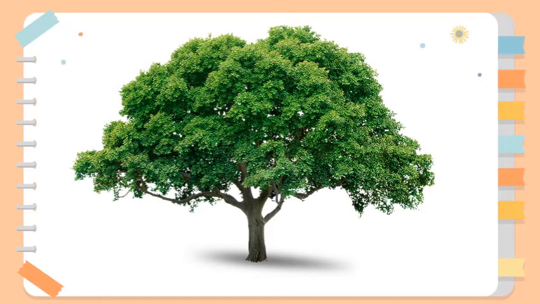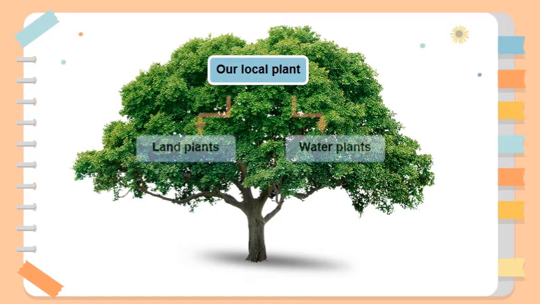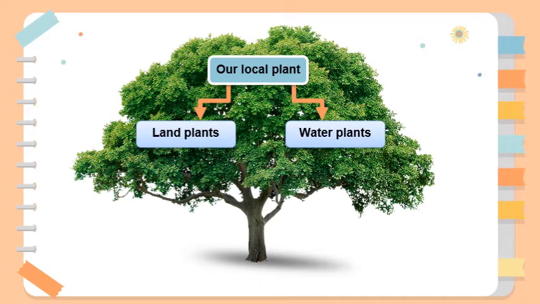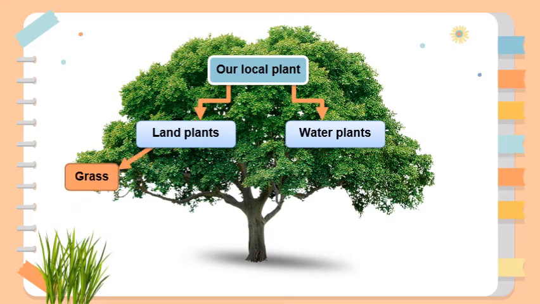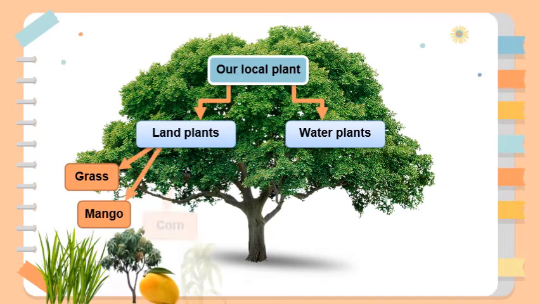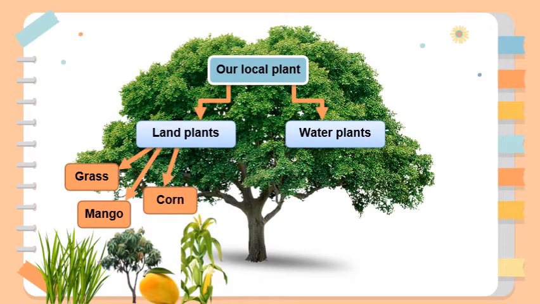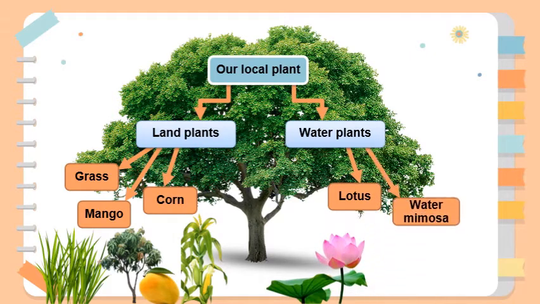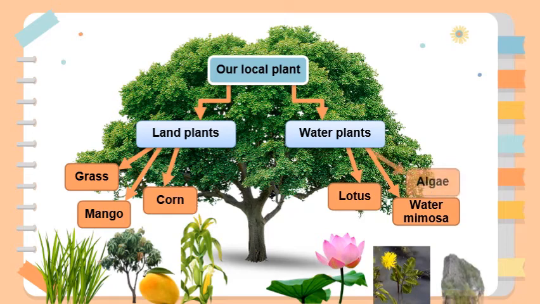Look at the diagram. This is our plant. It could be land plants and water plants. Land plants, we have grass, mango, and corn. For the water plants, we have lotus, water mimosa, and algae.